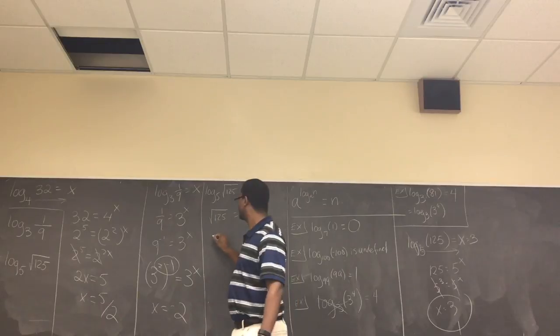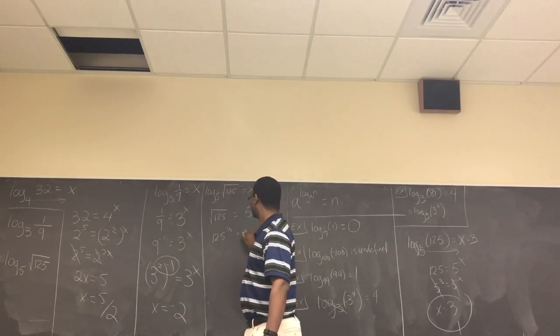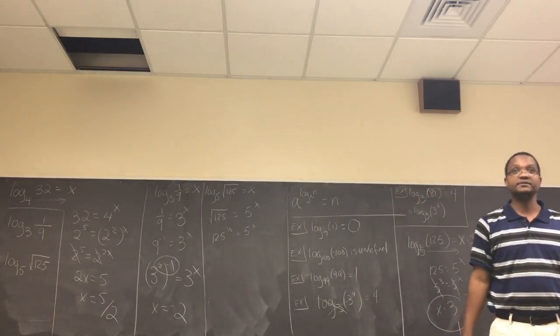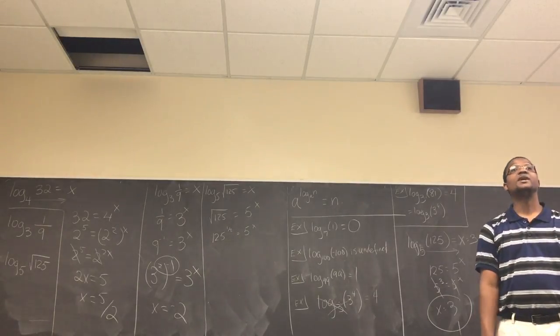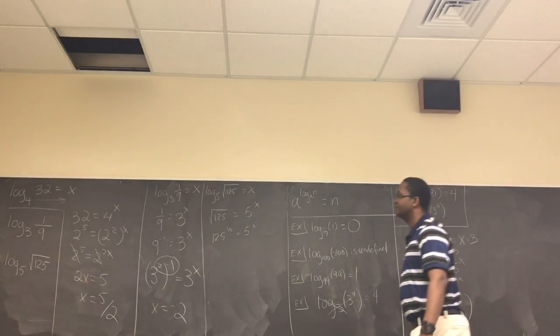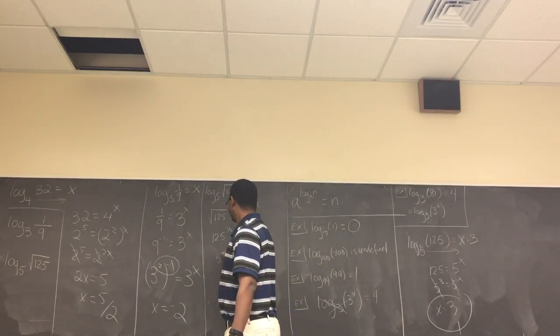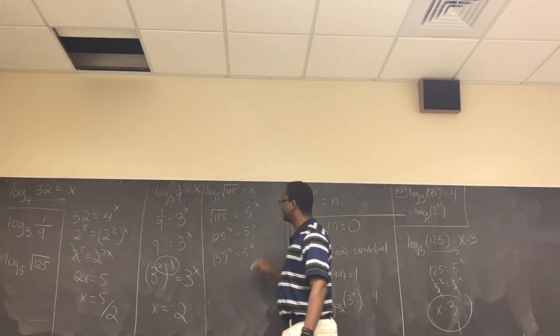So this is actually 125 raised to the 1/2 power. Now, do I have the same base on each side? No, I don't. But I have the same base family. Don't you just love family? 5 to the 3rd power raised to the 1/2 equals 5 to the x.